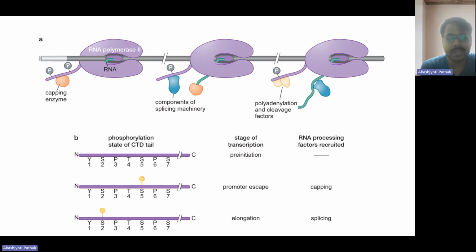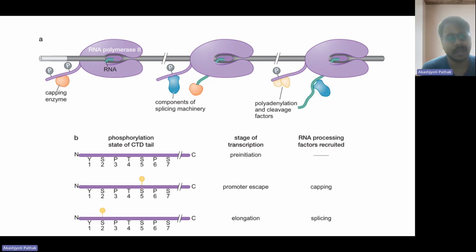When this serine residue is phosphorylated, it acts as a signal of promoter escape or promoter clearance. Following the promoter escape, this phosphorylation at the serine 5 residue is also a signal for the recruitment of the capping machinery. So the various enzymes for the capping process are recruited following this phosphorylation at the serine 5 residue.